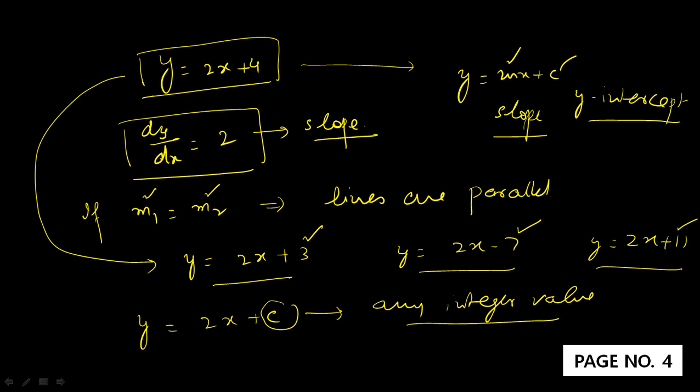The set of all lines y = 2x + c. You can write the value of c as a positive value, negative value, fractional value, whatever value you would like to represent. And all these lines are parallel to this one.